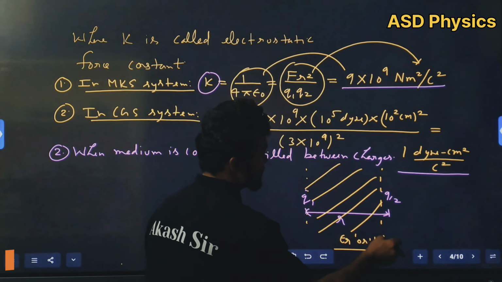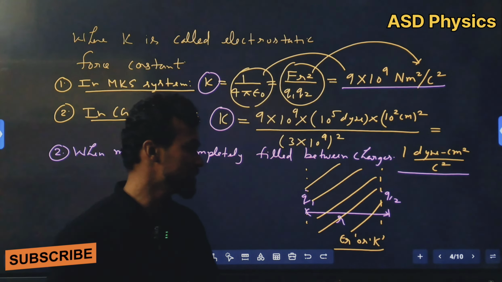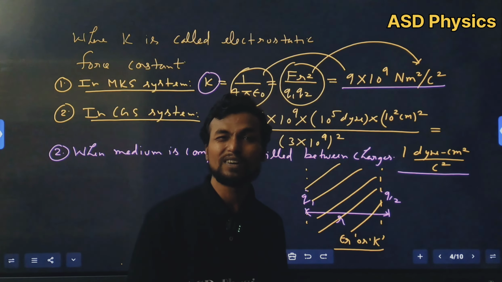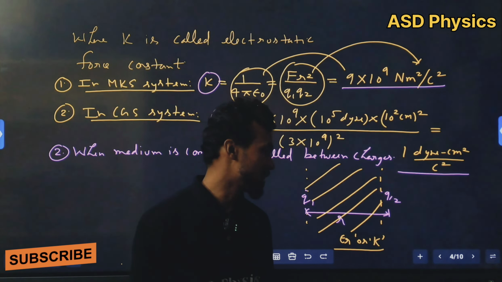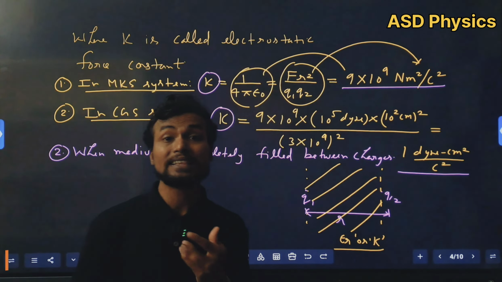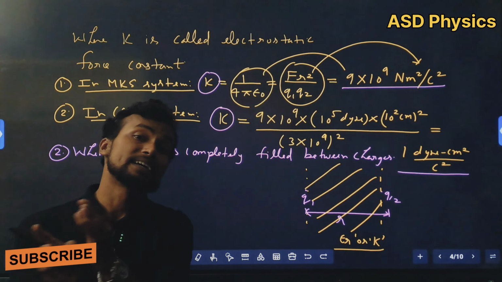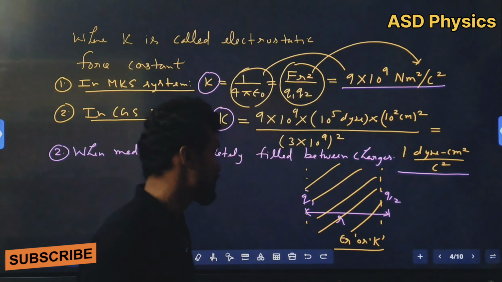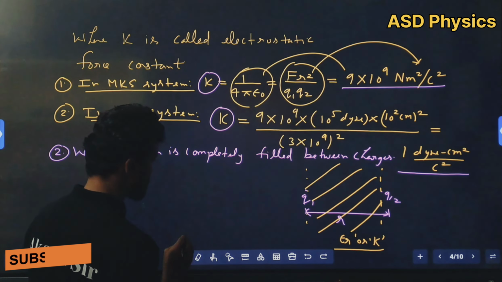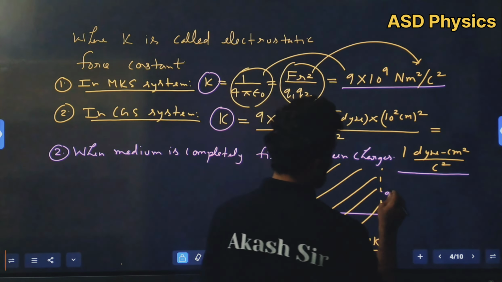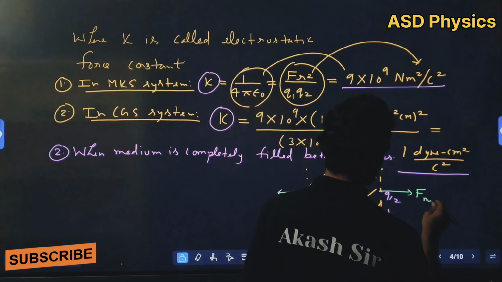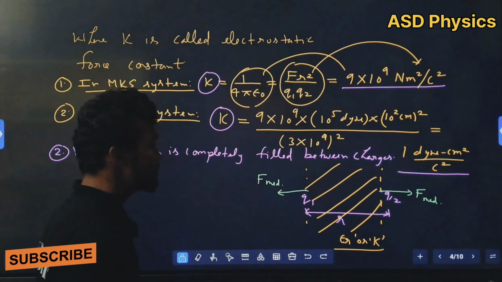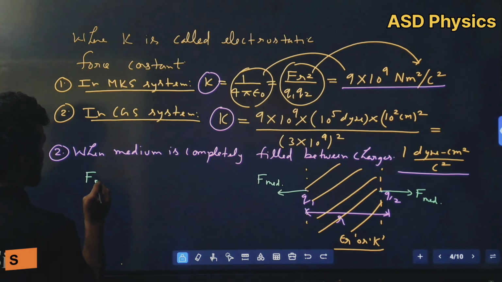Even if you wish, I can write K dash, no problem. Please remember that for vacuum this value is 1. For air it is nearby, about 1.00 something, and for any other dielectric medium the value of K is greater than 1, and especially for conductors this value of K is infinite. So here also the forces will act; this time I will write the force in the medium.